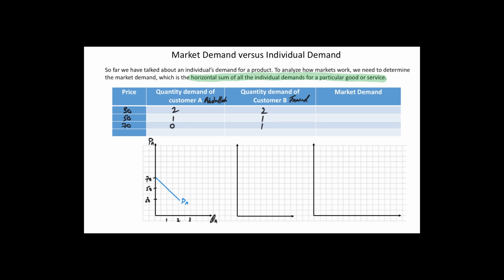I'll call it DA. As far as I go, customer B, at the same price of 30, 50 and 70, my quantities are that at 70 I want to have 1, at 50 I want to have 1, and at 30 I will be willing to have 2.